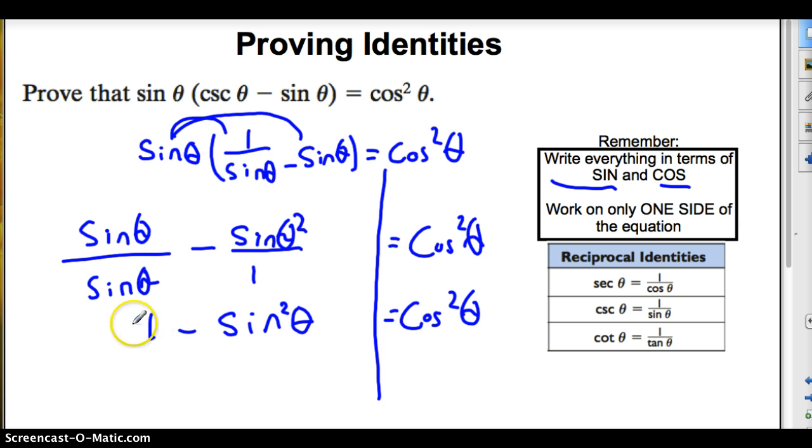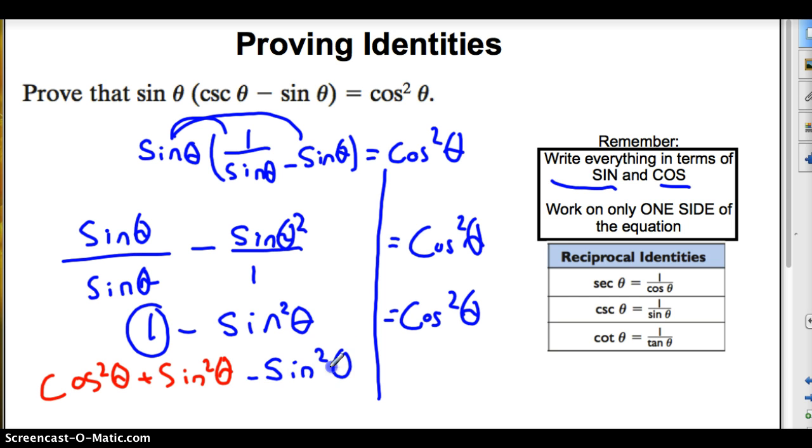And here's where we could get a little funky. What do we know 1 is equal to? What identity did we learn about that? Well, I know that 1 is actually equal to cosine squared theta plus sine squared theta. Right? That's one of the identities we just learned. So with that, I'm going to replace 1 with that, and I'm going to minus sine squared theta.